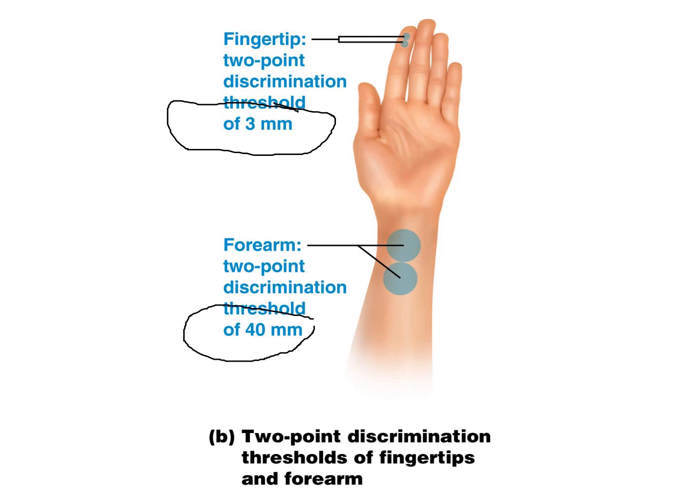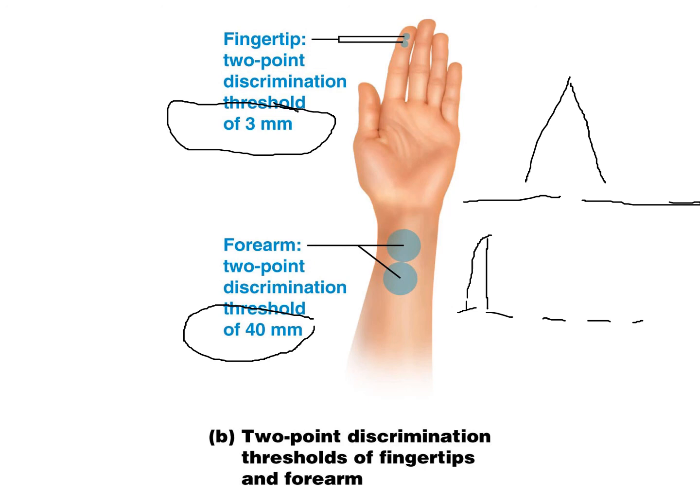So for example, if you have fewer receptors with these larger receptive fields, you can only distinguish the two points if one is touching each of the receptive fields, like in the forearm. However, in the fingertips, with many small receptive fields, you'll have a much finer discrimination.